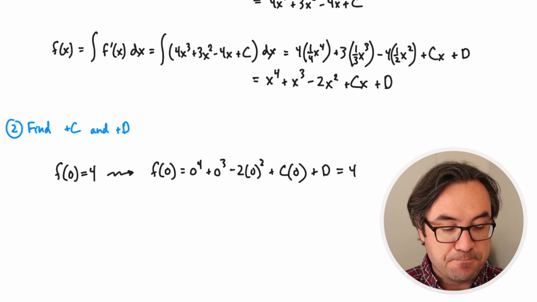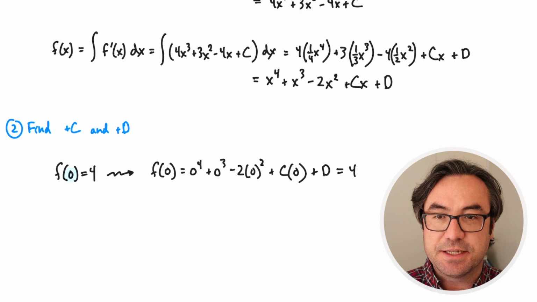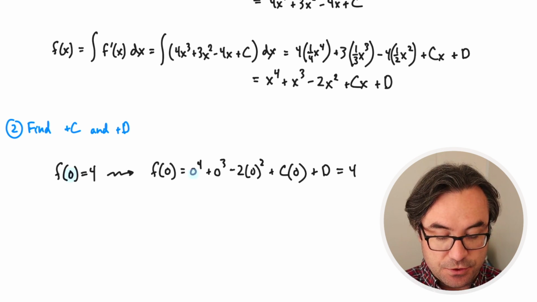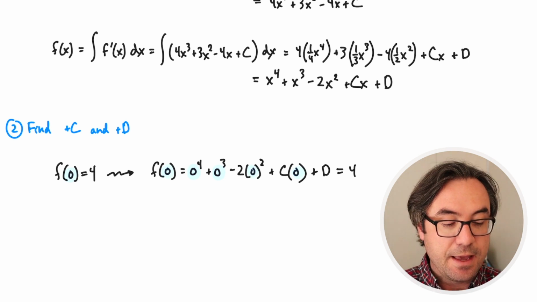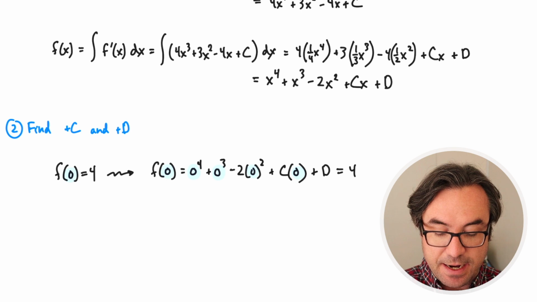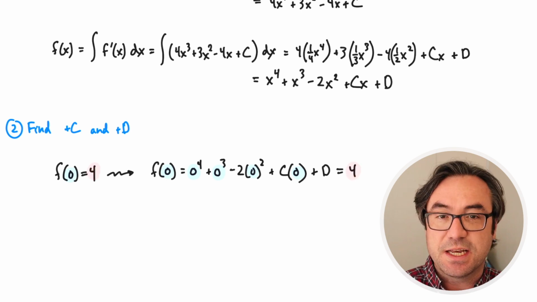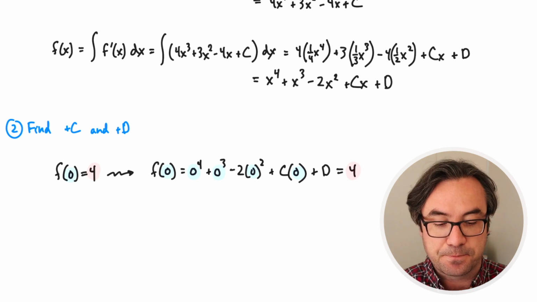So again, the number that I'm plugging in is x equals 0. So wherever I saw an x, I plug 0 in. And the number that I'm getting out is 4. And that's what I'm setting the whole thing equal to here.